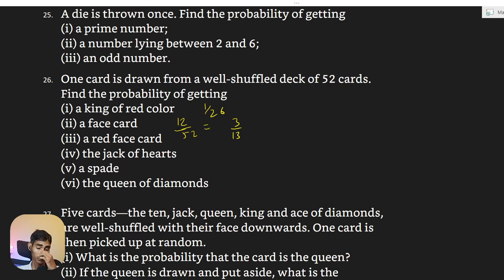Third one. Tapasya, you got the first two? Yes. 3 by 26. Red face card, 6 by 52.